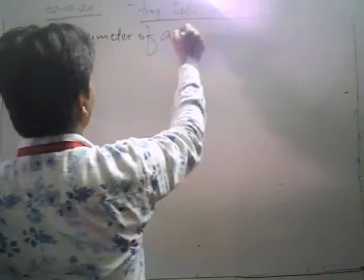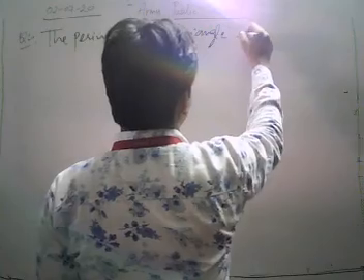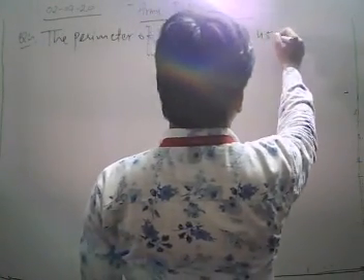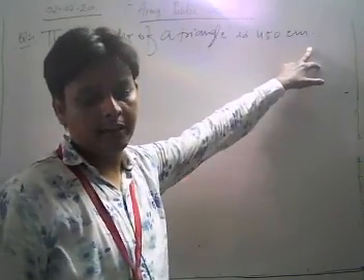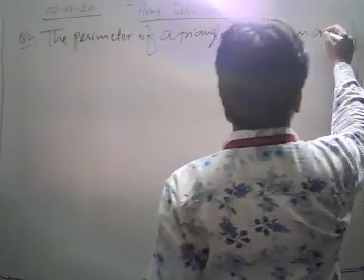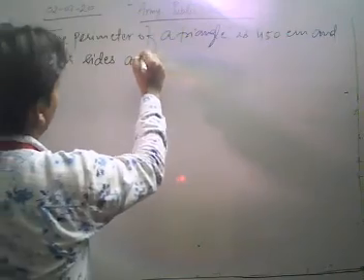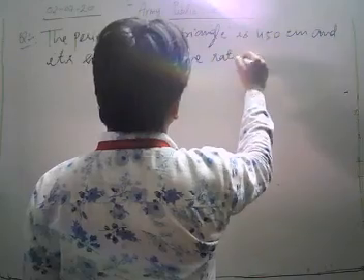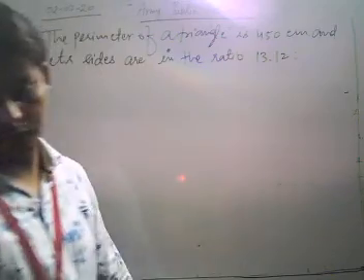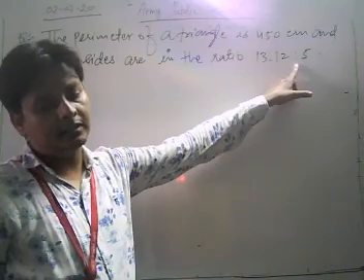The perimeter of a triangle is 450 centimeters, and its sides are in the ratio 13 to 12 to 5. Now find the area of the triangle.